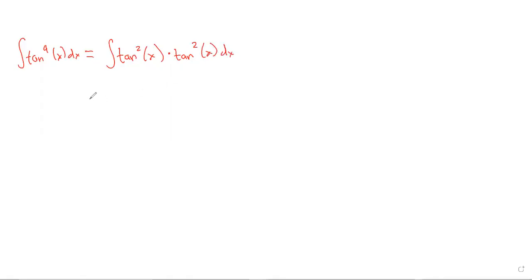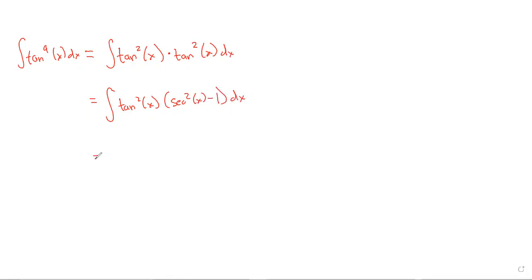We also know that the tangent squared can be rewritten from the Pythagorean identities as secant squared x minus 1 dx.